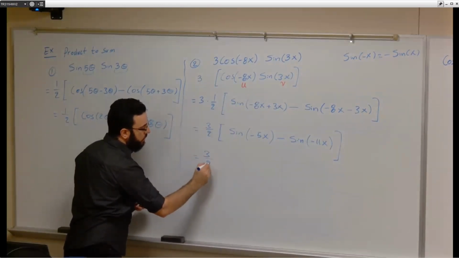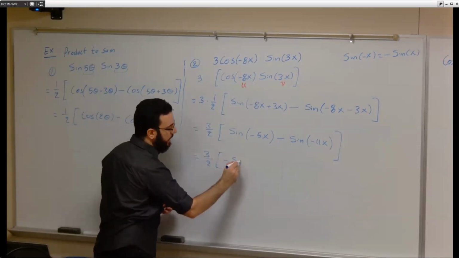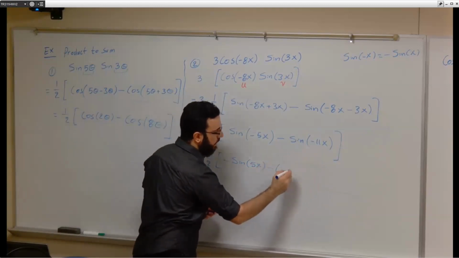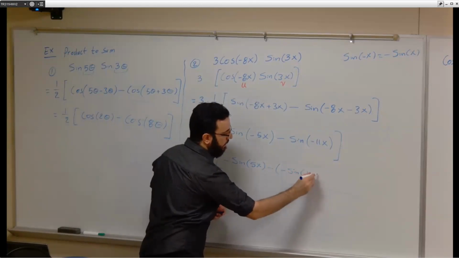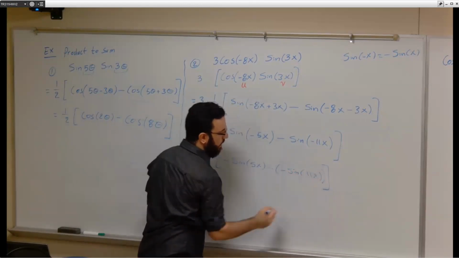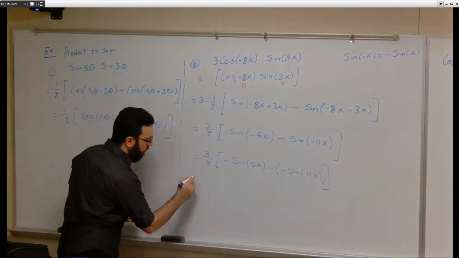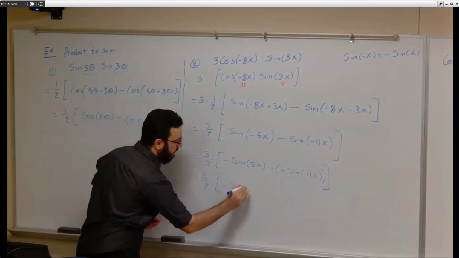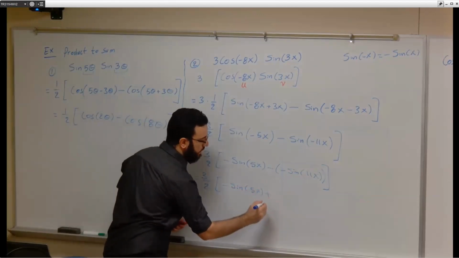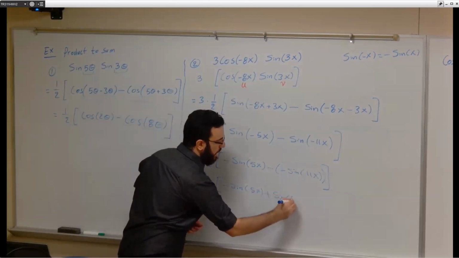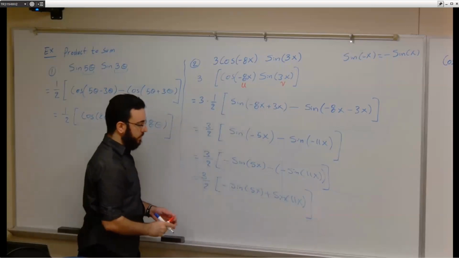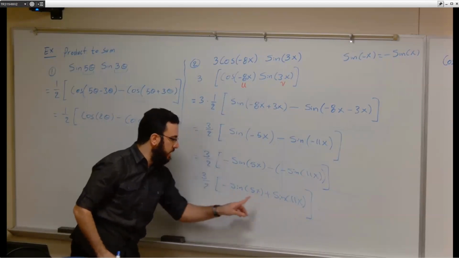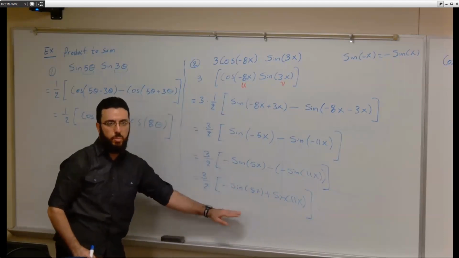So it's going to be 3/2 negative sine 5x minus negative sine 11x. Okay, 3/2 negative sine 5x plus sine 11x. This is the right solution, or you can just switch it. It's going to be sine 11x minus sine 5x. So both are going to be right, okay?